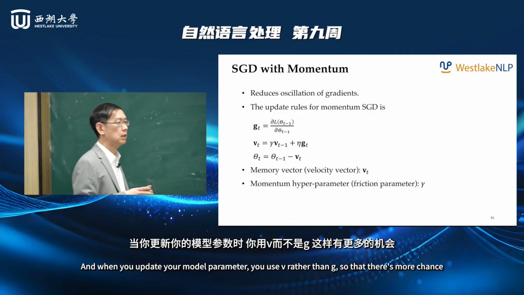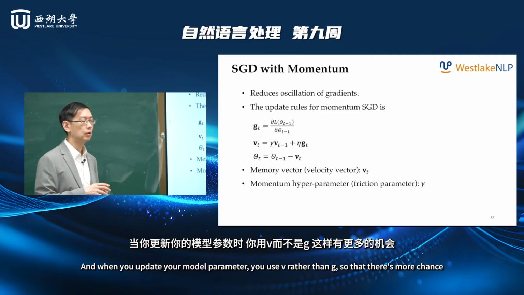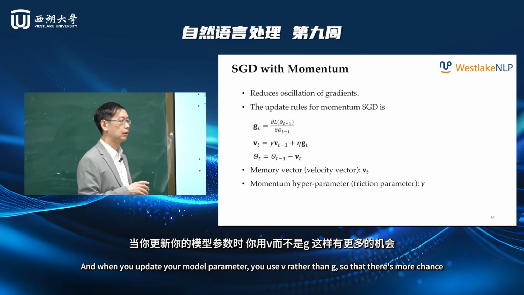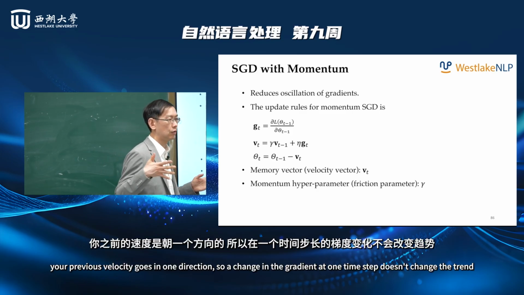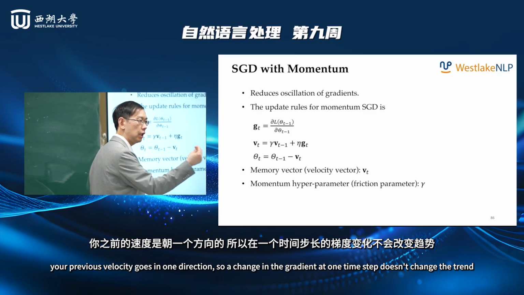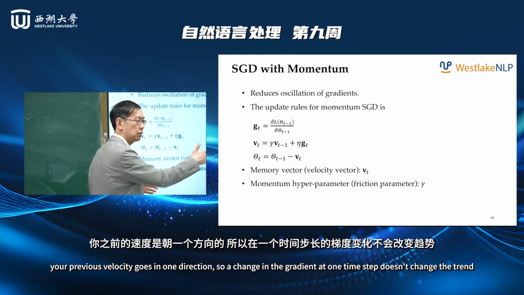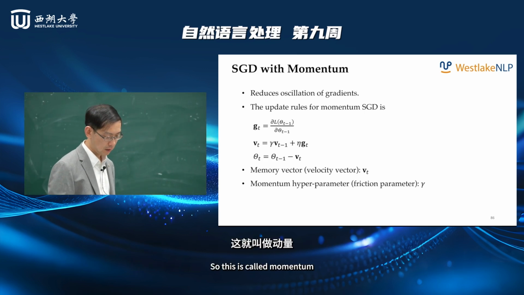And when you update your model parameter, you use V rather than G, so that there's more chance your previous velocity goes in one direction, so a change in the gradient at one time step doesn't change the trend. So this is called momentum.